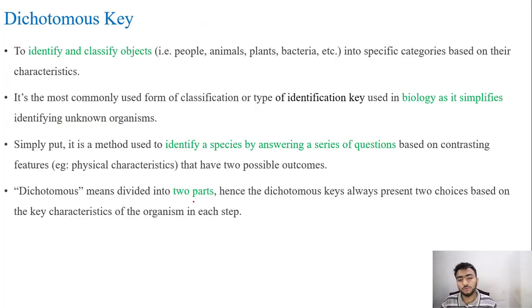So now we come on to an interesting thing, which is dichotomous key. We have been talking about classification. Now there must be a tool to label or to identify these living organisms.